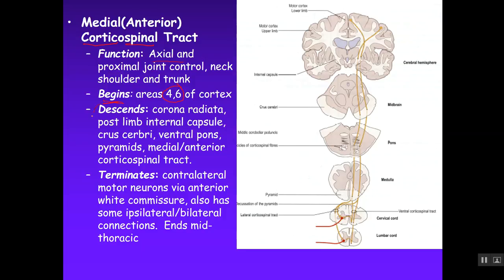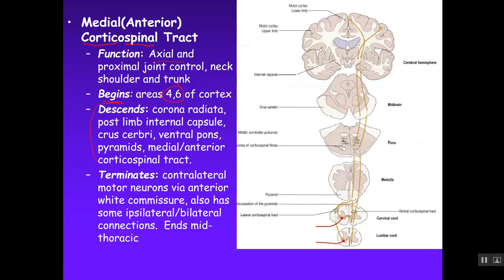Here's how it descends, okay? We're going to follow it, and it runs right along with the lateral corticospinal tract that we'll talk about later for the first part of its journey, until we get to the decussation of the pyramid. So through the cerebrum and most of the brainstem, it runs right along with it.